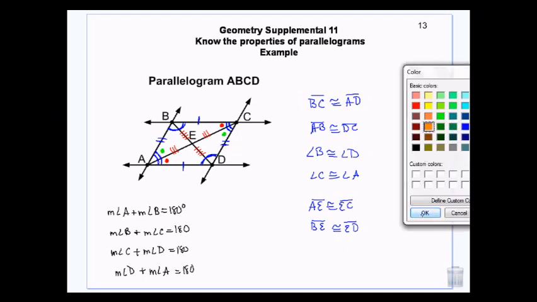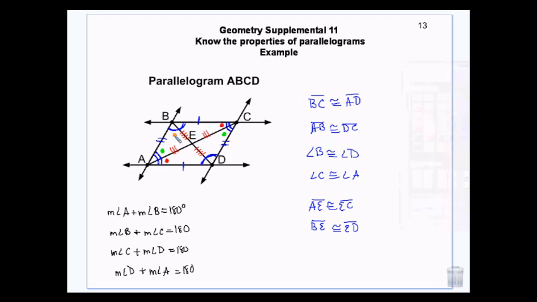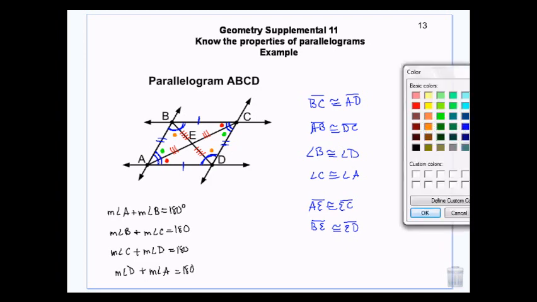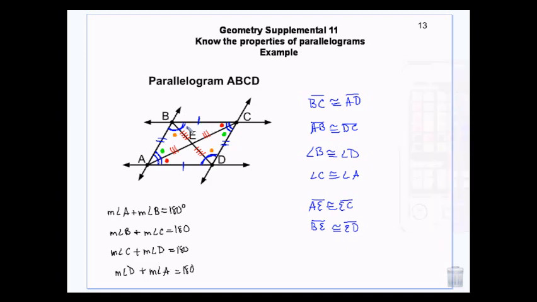Let's do orange. This angle will be the same as this angle. And let's do purple. And this angle will be the same as this angle. So these opposite angles will be the same. Just something for future reference. It's not one of the theorems that we have, but it is true.